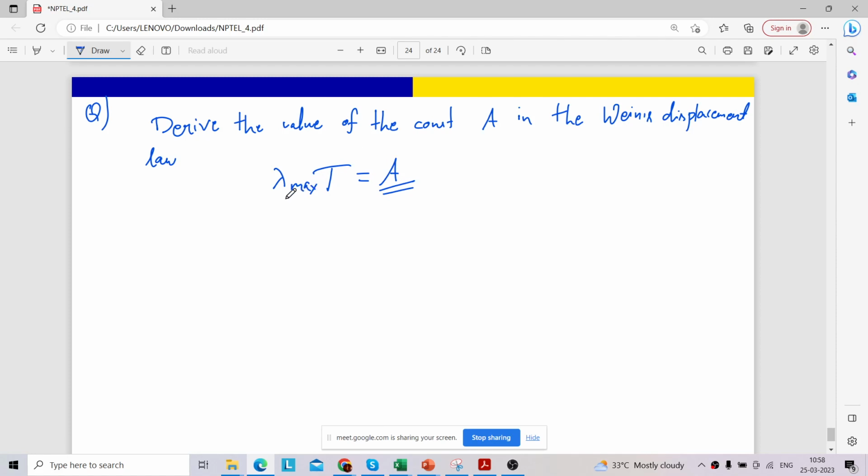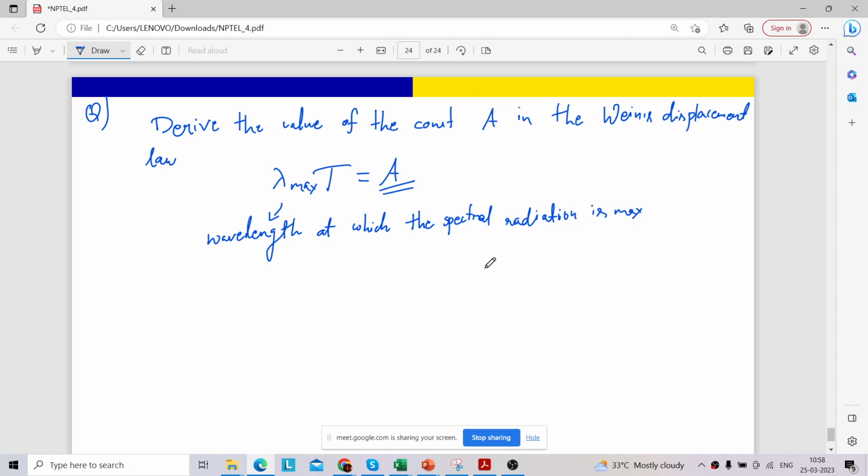Where this lambda max is the wavelength at which the spectral radiation is maximum.